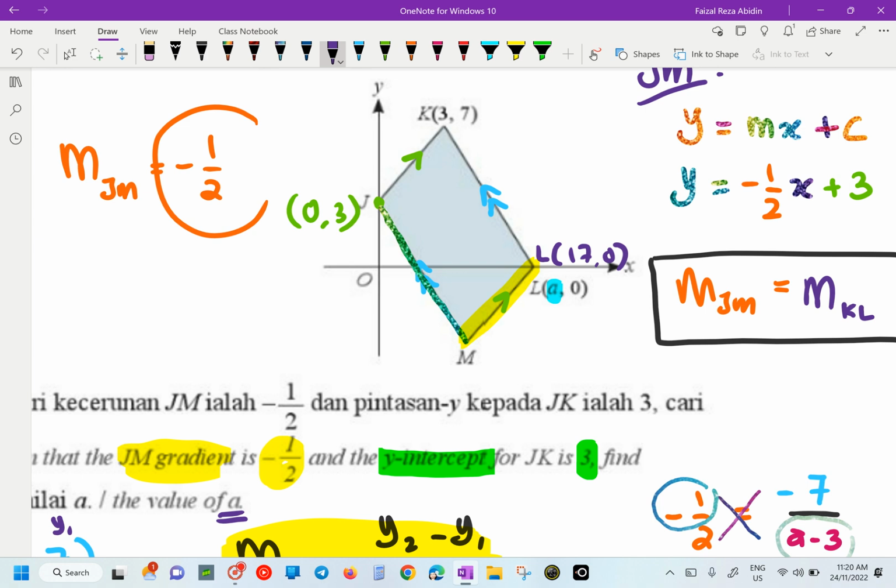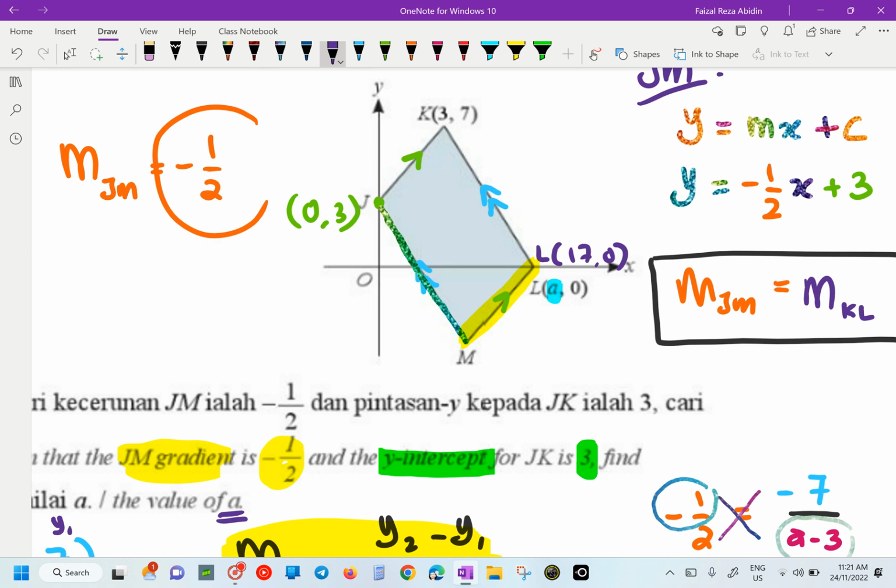Look back at the diagram. What does the question say? LM will be parallel with what? JK there.